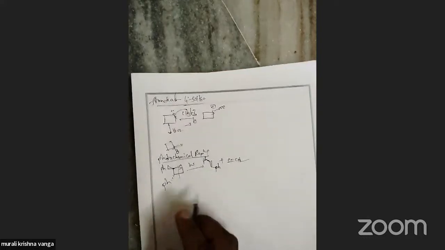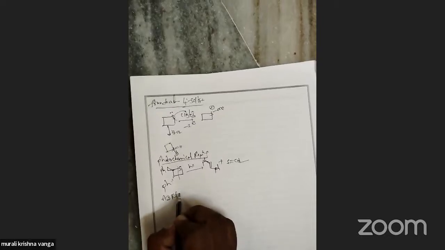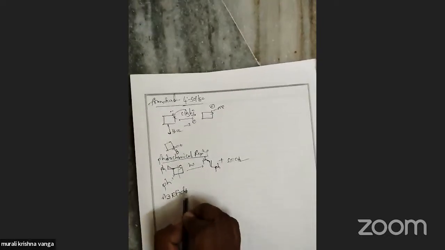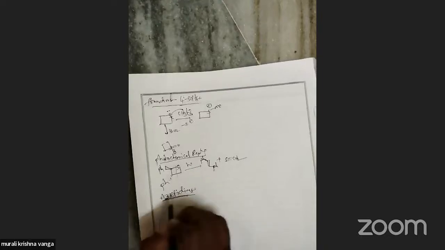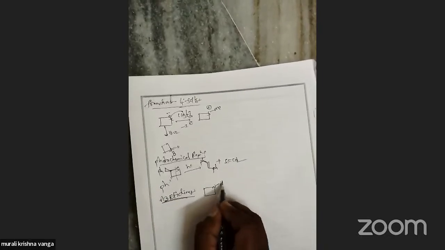Next, azetidines. The last compound is azetidines. Azetidines are saturated four-membered nitrogen-containing heterocyclic compounds.